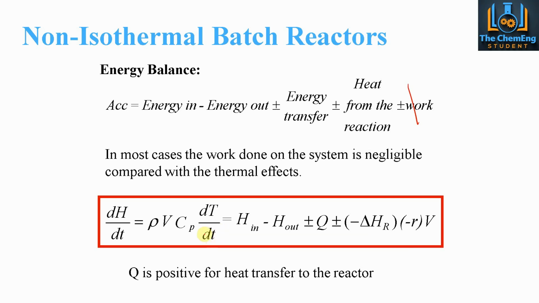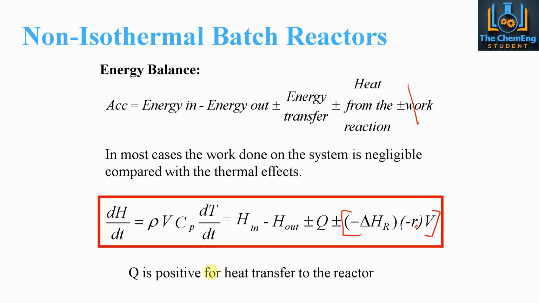So this is the accumulation term, so we have rho V Cp dT over dt is equal to the enthalpy in minus the enthalpy out, plus or minus Q, so this is energy transfer, plus or minus the heat of reaction, multiplied by the minus Ra, so if it's with respect to A, this would be minus Ra in here, multiplied by the volume. So this entire term here is the heat from the reaction.